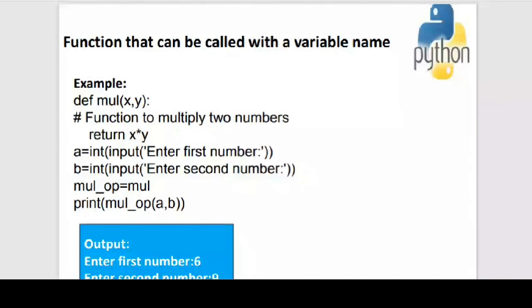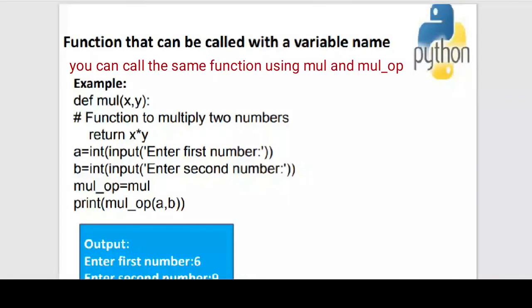I have a function here which is mul, which gives me the multiplication of two numbers. I just said return x into y. And here I am reading in the two values a and b. What is important for you is this concept: I am assigning the function name to a variable.